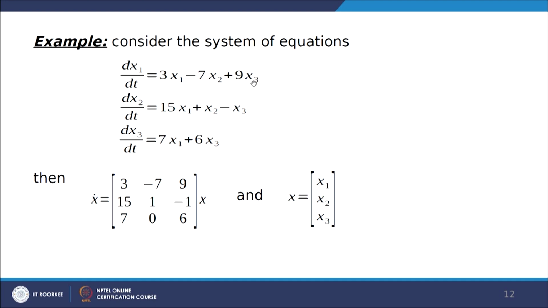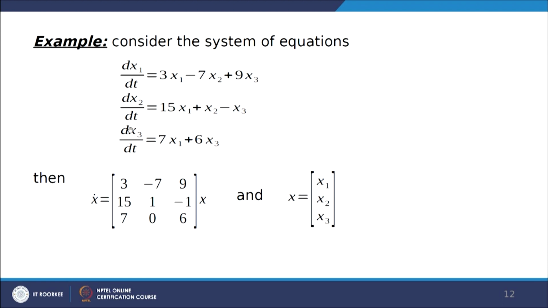Now, let us consider, for example, the system of equations dx1 by dt equal to 3x1 minus 7x2 plus 9x3, dx2 by dt equal to 15x1 plus x2 minus x3, and dx3 by dt equal to 7x1 plus 6x3. Then again, if you take x(t) to be the vector valued function x1(t), x2(t), x3(t), then x dot will be dx1 by dt, dx2 by dt, dx3 by dt.